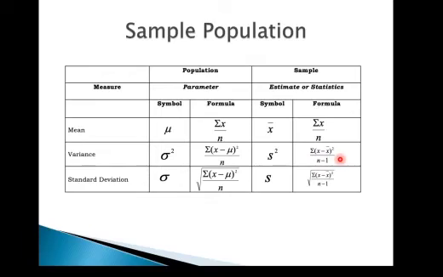You might ask, why is the denominator n less 1 here for the variance? A while ago, when we talked about the variance, the denominator is n because we want to get the average squared deviation from the mean. But why is the denominator for the sample variance n less 1? People call it an unbiased estimate of the variance.